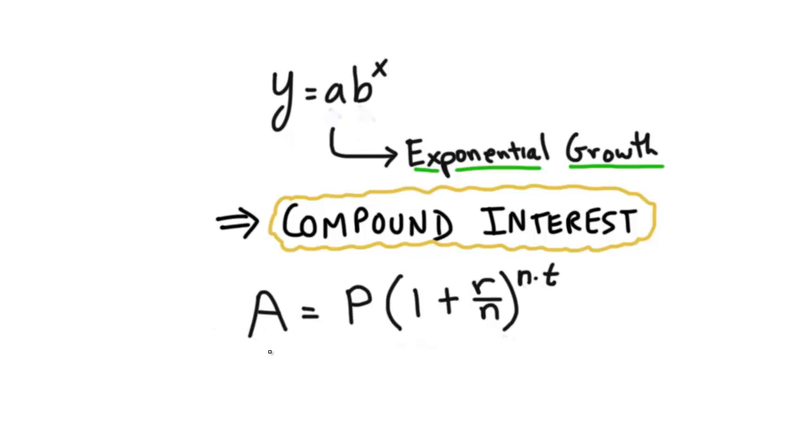Okay, so you can think of the capital A as the y and the capital P as the A, and the 1 plus r divided by n, think of that as your B, and the x is the n times t.